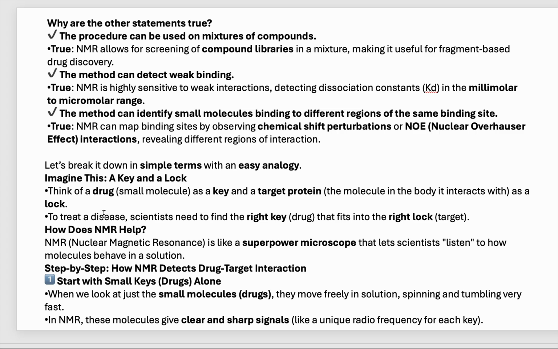NMR helps us to listen to how the molecules are interacting in the solution. The small drugs can move freely in the solution. They can spin, tumble, vibrate, and move around easily. And when they do that, they give very clear and sharp signals.